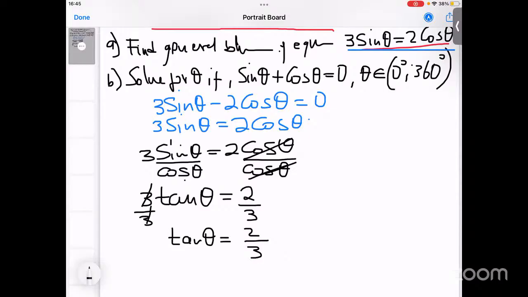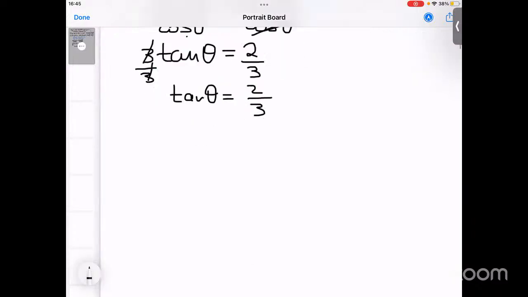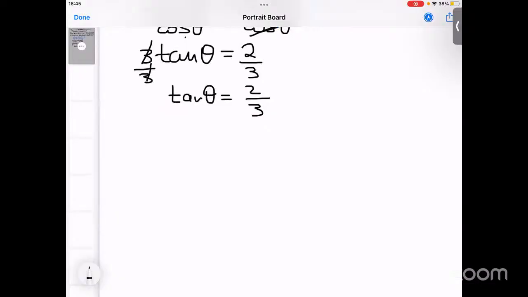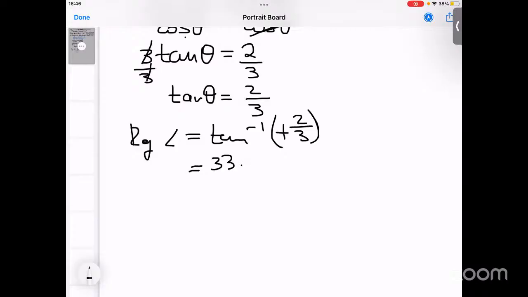Now you just do it the same way I was teaching you previously. So very quickly, let me just do it and say, obviously, a rough angle is what we'll be looking for, where you end up saying it will be equals to the inverse tan of, deliberately write positive there so that you don't forget. Then you punch it on your calculator. Trust me when I say you'll get 33.69006753 degrees.